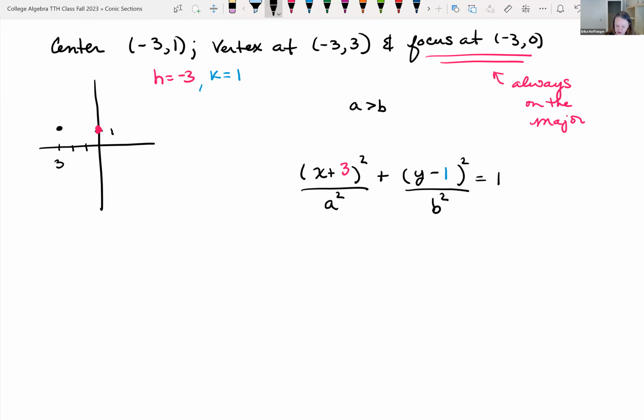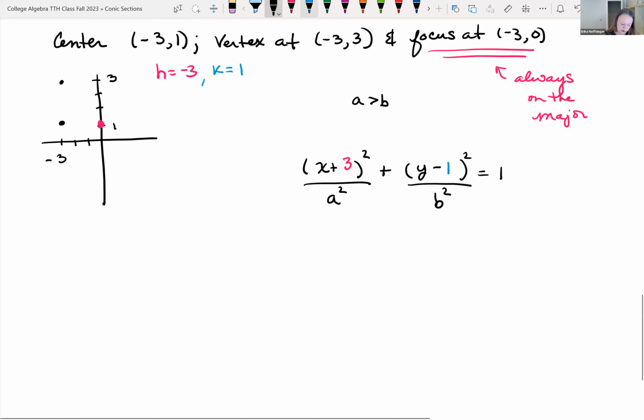We have a vertex at -3, 3. So go up 3. So since I'm going up and I'm not going left or right, I'm actually finding my b value here.